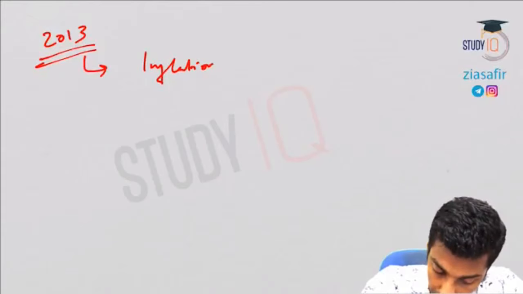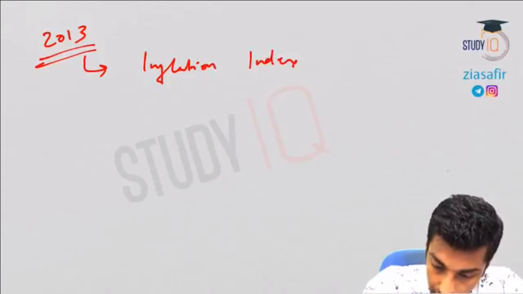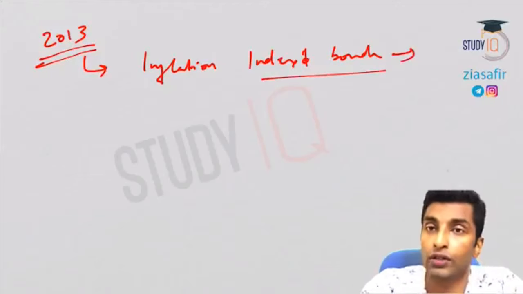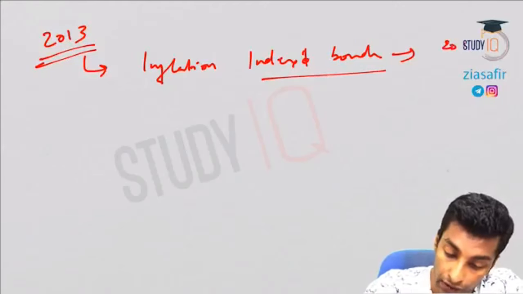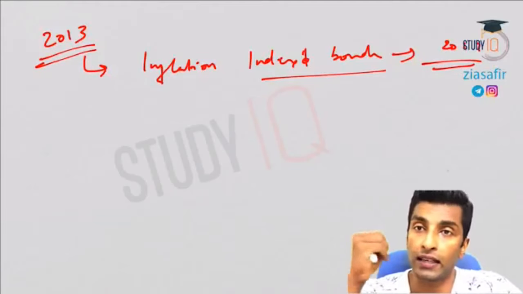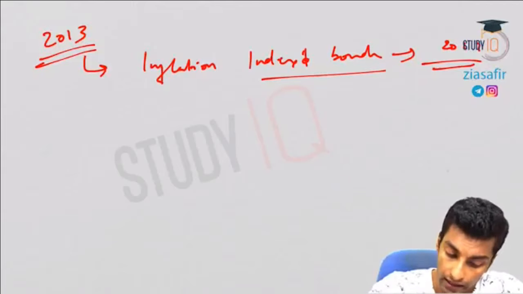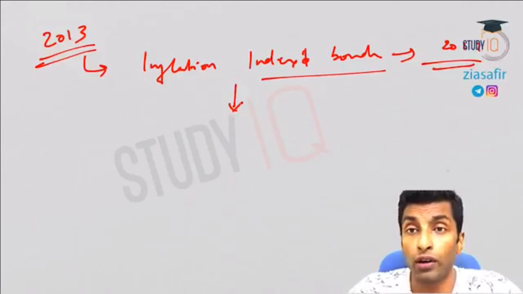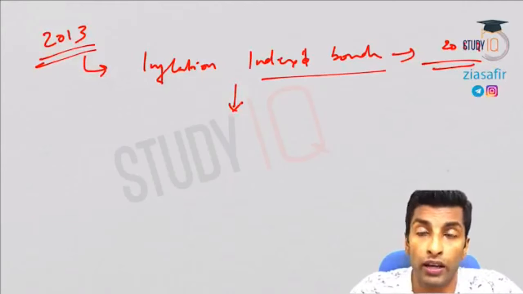Inflation indexed bonds. In 2013 the government introduced inflation indexed bonds. Here inflation is adjusted. That means there will be an increase in the real interest rate. As I've told you, bondholders, the creditors, will lose during inflation, right?